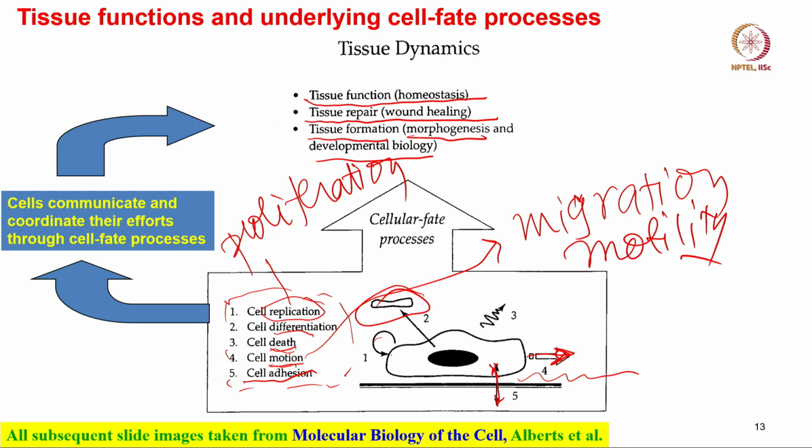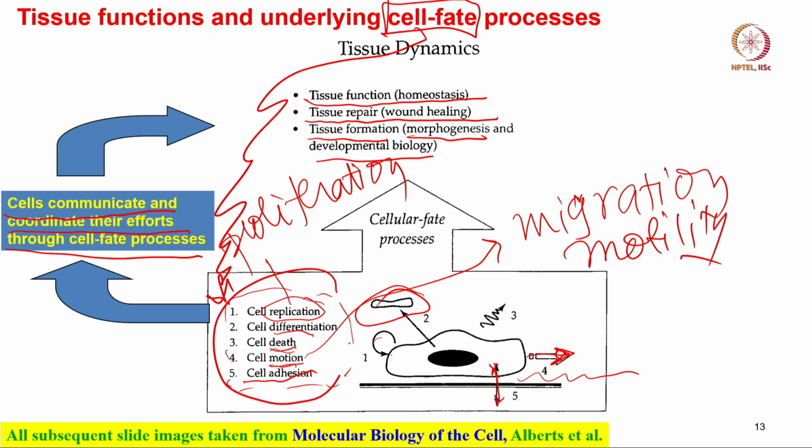Other things as mentioned, cells also communicate and coordinate their efforts through cell fate processes. Whenever I say cell fate, it essentially means the 5 different functions that a cell is supposed to perform: cell replication or proliferation, differentiation, cell motion, cell adhesion, cell death.